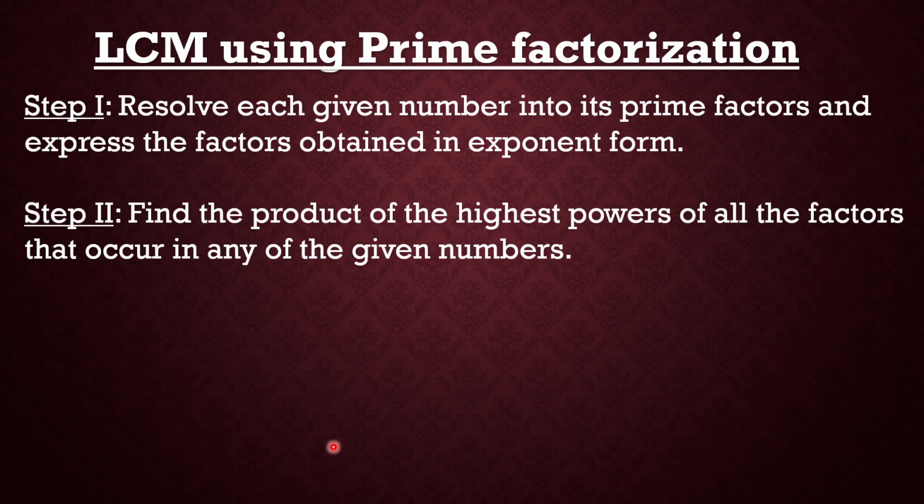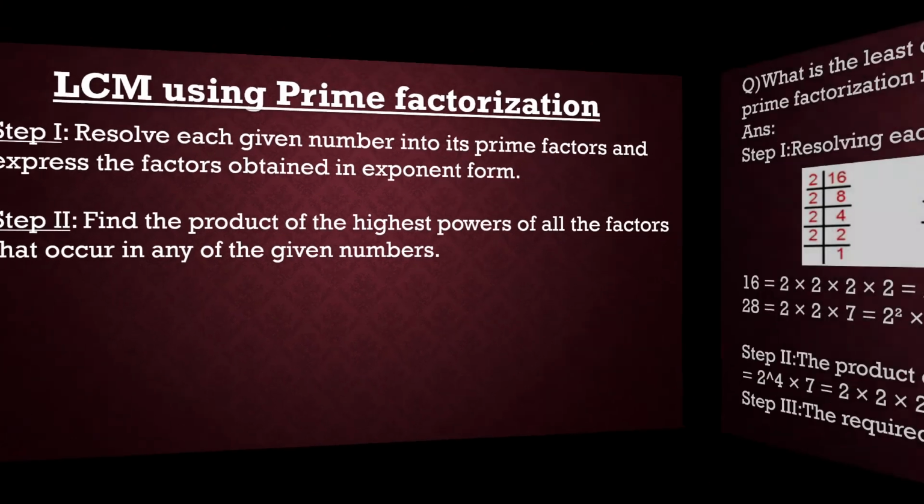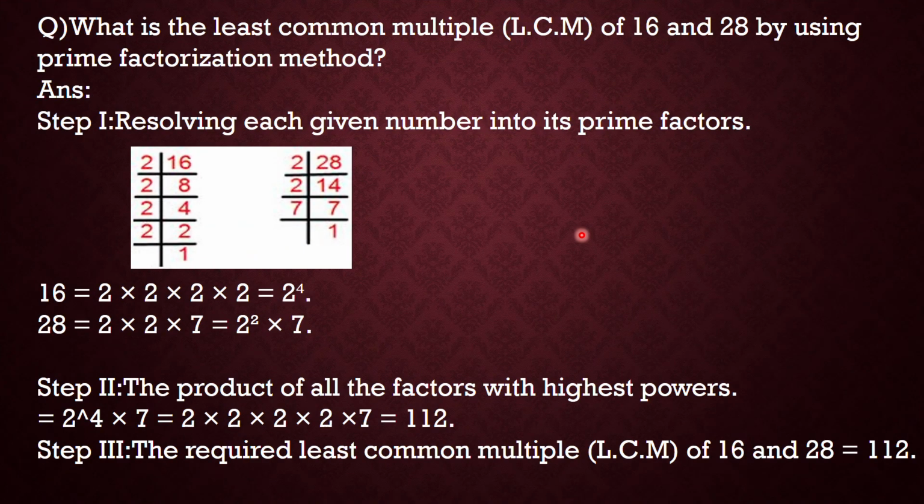Then we compare all the exponents and find the product of the highest powers of all the factors that occur in any of the given numbers. Okay, now we are going to see that practically.